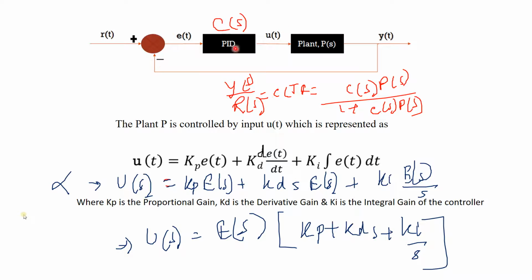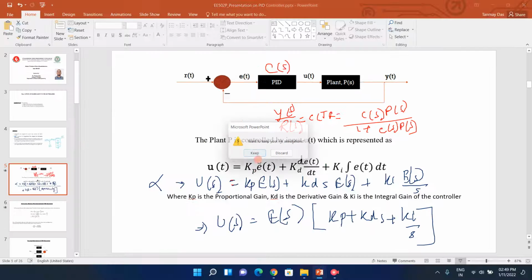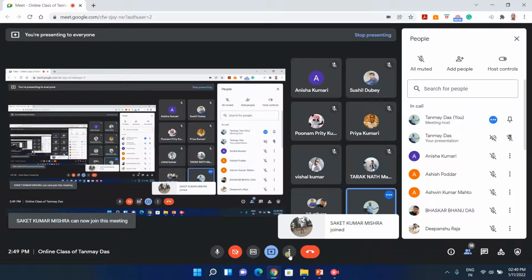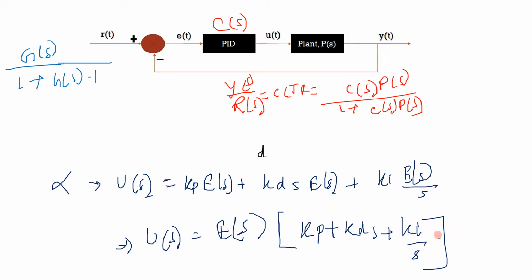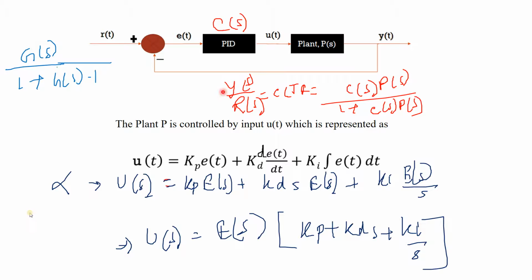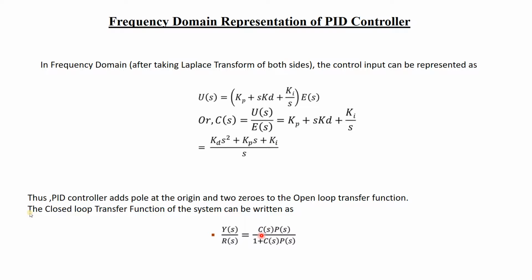So the closed loop transfer function, that is Y(s) by R(s), will be the forward path transfer function G(s), and G(s) is nothing but C(s) into P(s). We know this: the closed loop transfer function whose feedback is 1 is G(s) by 1 plus G(s). H(s) is 1, so this is the closed loop transfer function.